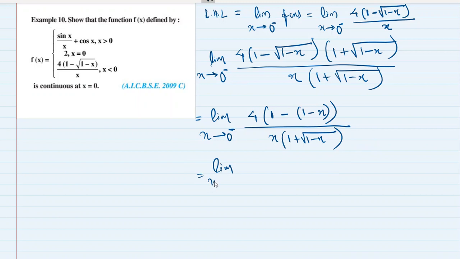Limit when x tends to 0 of 4. Here this will be 1 minus 1 plus x. 1 minus 1 will be 0, 0 plus x will be x, so it will be just 4x upon, if I open the bracket, this will be x plus x under root 1 minus x.